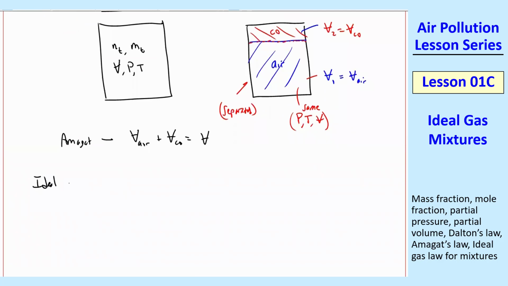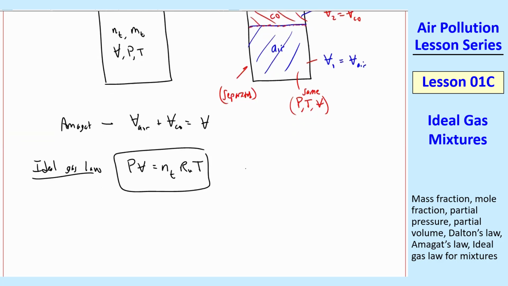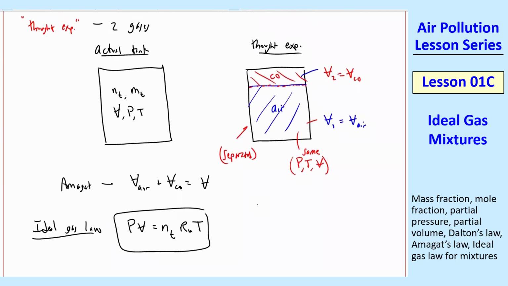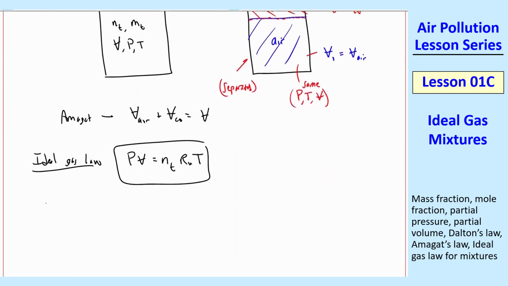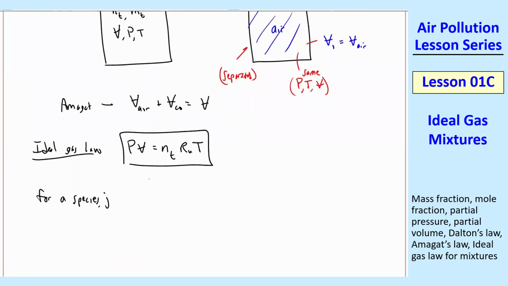We also know the ideal gas law, which is in this form, PV equals n R_u T. Well, it turns out that either the air or the CO in this case is also an ideal gas. So for each species, we can write a similar ideal gas law, but in terms of partial volumes.